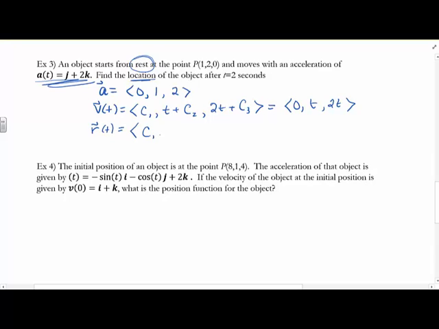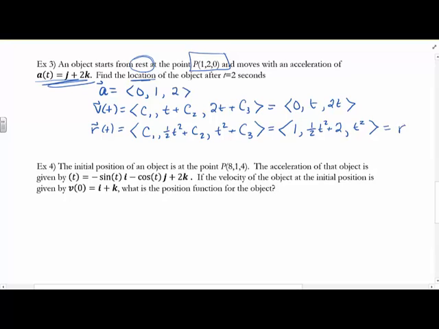And then my position, we'll call it r of t, is the antiderivative of that, which is going to be c1, and then 1/2 t squared plus c2, and then t squared plus c3 when I take the antiderivative. It says it starts from the position (1, 2, 0), so at t equals 0, I should be at (1, 2, 0), which makes this 1, 1/2 t squared plus 2, and then t squared for my final component.